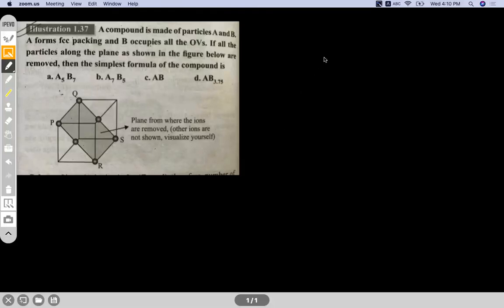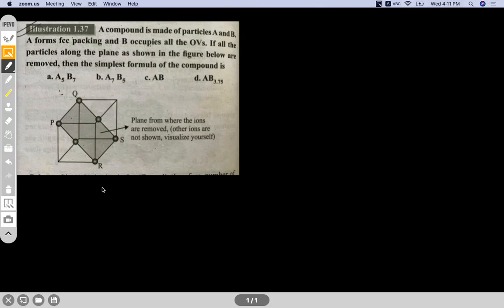Ruchir Parekh, that is not correct. See, this question, why I've given you here, that the kind of question that they ask here, you should know the position of these voids, and that we had discussed already last class. Yeah, that's correct, Pradyut. See, answer is C here, AB.